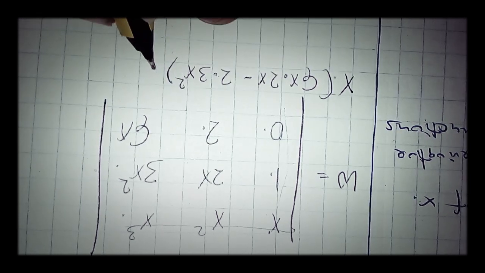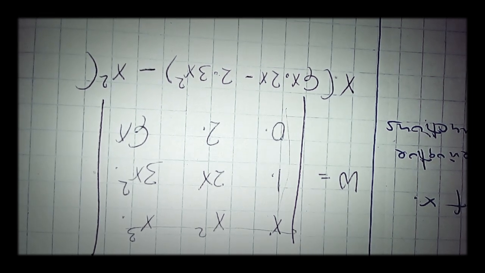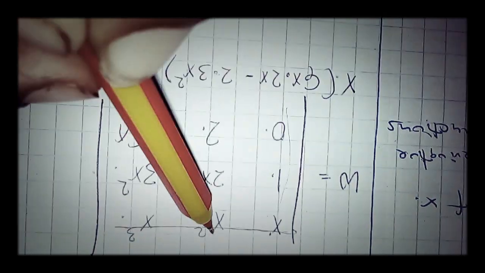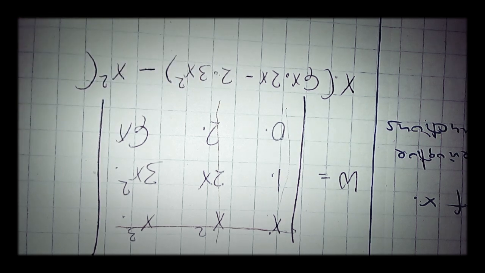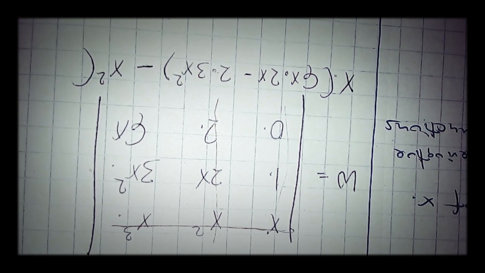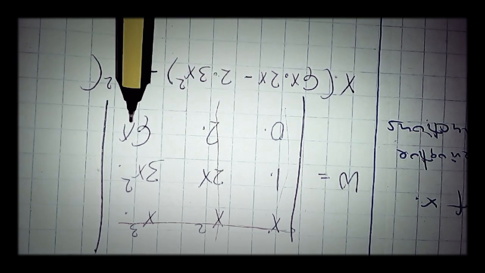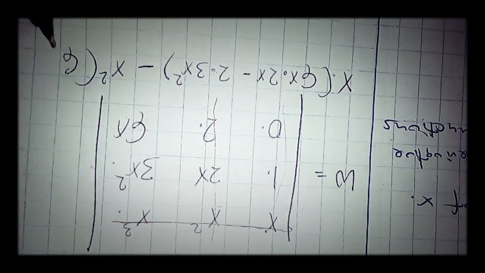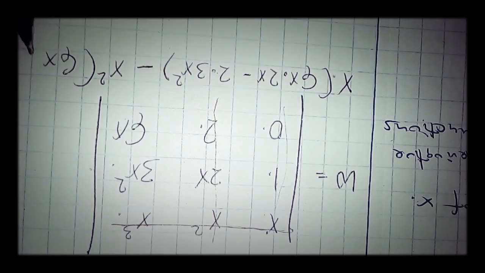Then the other one will be negative x squared; we cancel the column where the x squared lies, so that we are left with another 2 by 2 matrix. So it will be 6x times 1, that is 6x, minus 0, because 0 times 3x squared is 0.